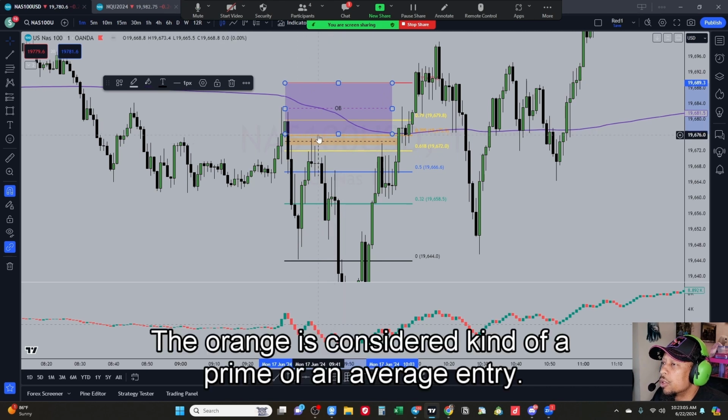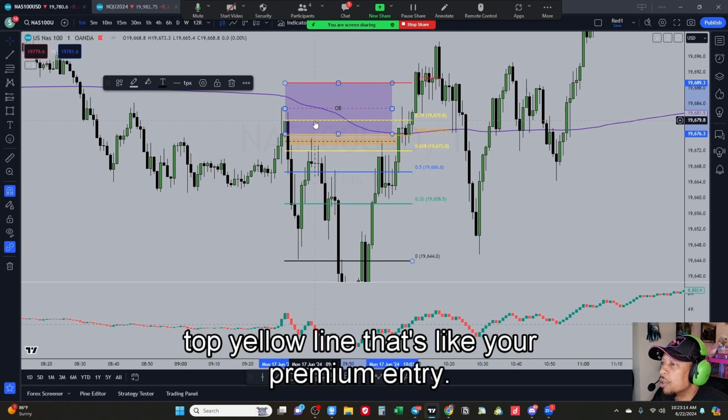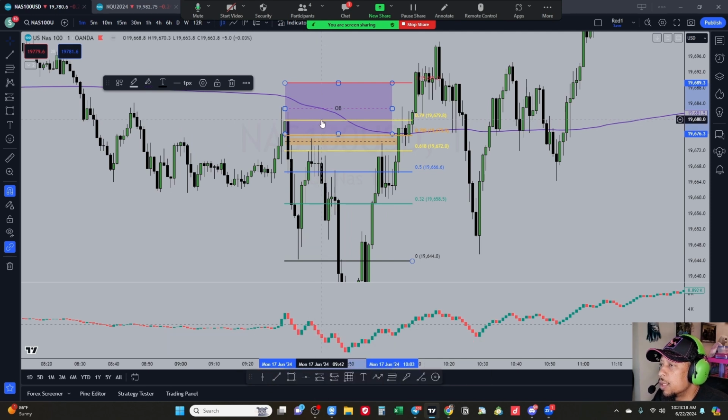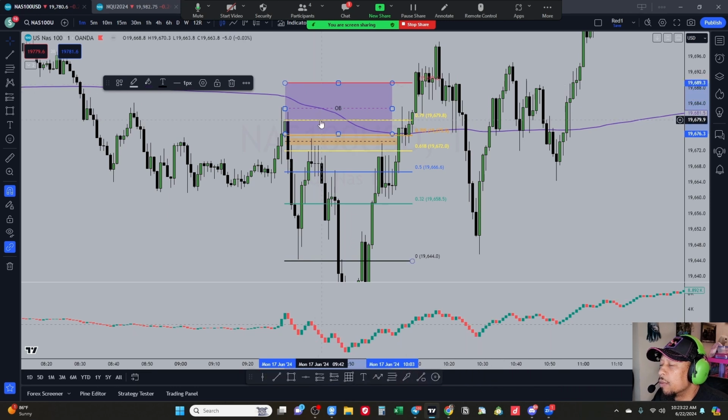The orange is considered kind of a prime or an average entry. And the top yellow line, that's like your premium entry. The main reason for that is it's the shortest distance from where you're going to be having your stop loss, which is the high, right? So, boom, we have our entry.